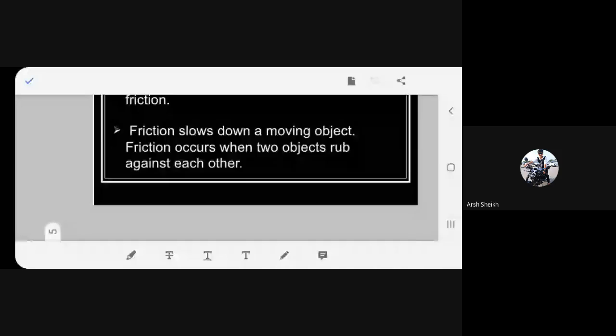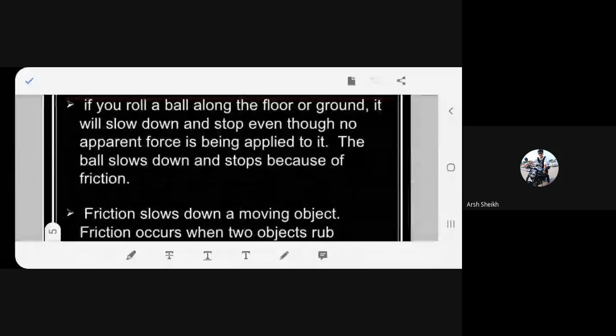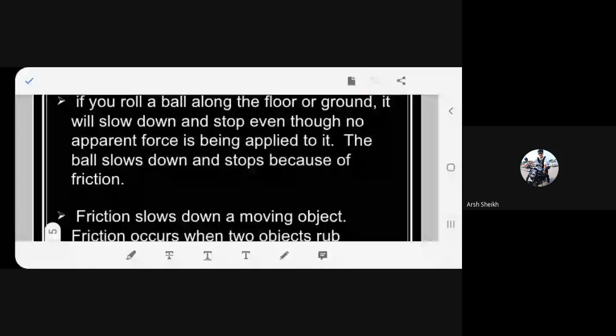Can any of you explain? What did we do earlier? The same thing I told you about rolling the ball, isn't it? So we are rolling a ball along the floor or the ground. After some time, it starts slowing down and then eventually it stops because we are not applying any force to the ball.